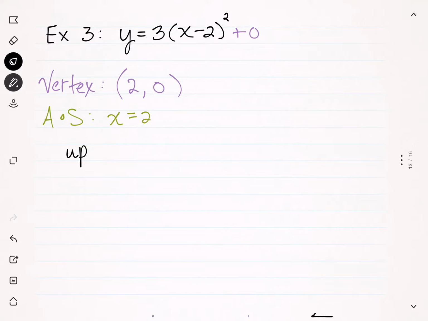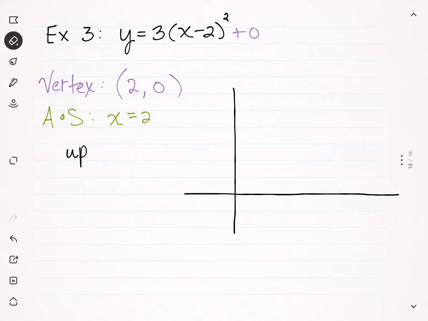So when I draw my graph here, I want to kind of focus in on that portion. So more on quadrant 1 here, because we know we're going to be opening up. Okay, so our vertex 2, 0, there's my vertex.